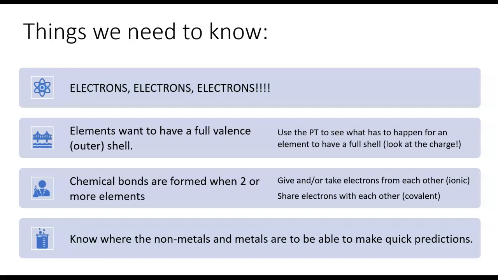An element may have to give up electrons in order to have a full shell. It might have to pick up electrons in order to have a full shell. In either of those cases, our element now has a charge, right? If it gives up an electron, it becomes a positively charged ion. If it picks up an electron, it becomes a negatively charged ion.